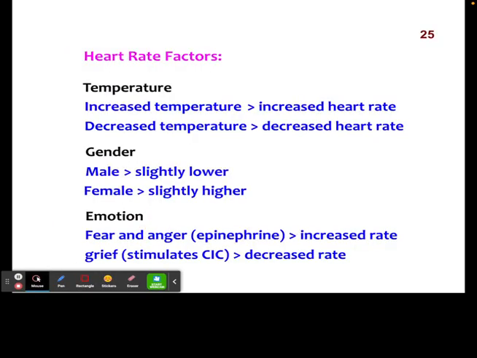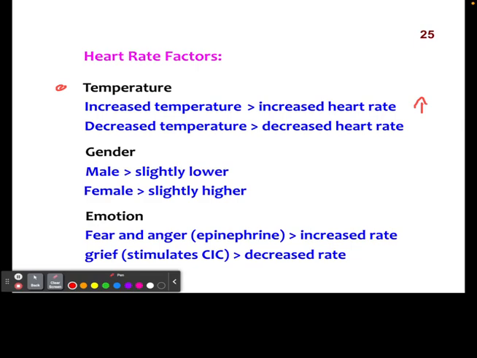Other factors that can affect your heart rate, there's a few. Some of the big ones are temperature. If you have an increase in temperature, your heart rate should go up. That's your body's way of trying to circulate blood to the most superficial blood vessels. You may notice when you're working out that the blood vessels in your arms or your legs get bigger.